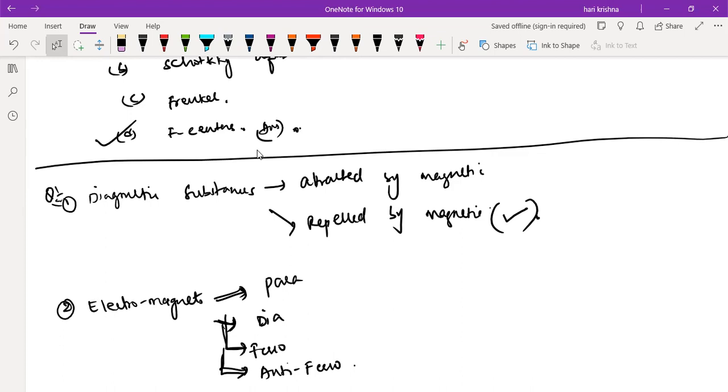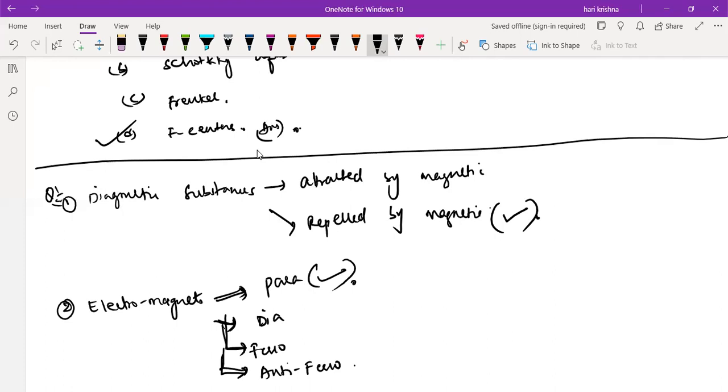Only when we pass electricity will they act as magnets. When you are not passing electricity, they will not act as magnets, right? It will act as paramagnetic behavior because only when you pass electricity does it act as a magnet. Apart from that, it will not act as a magnet. So we consider it paramagnetic behavior.